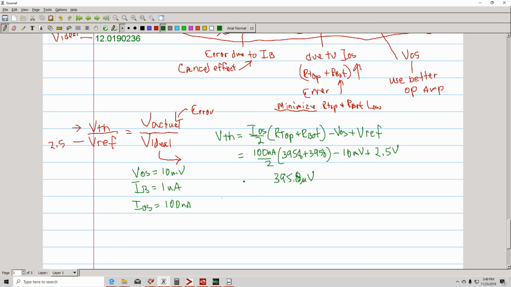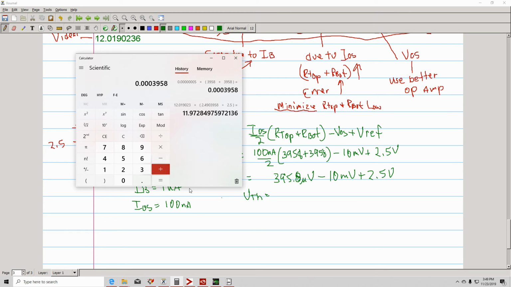Okay, that's what this is, VTH. Minus 10 millivolts plus 2.5 volts. Okay, so we're going to get a VTH, plus 0.01 plus 2.5.